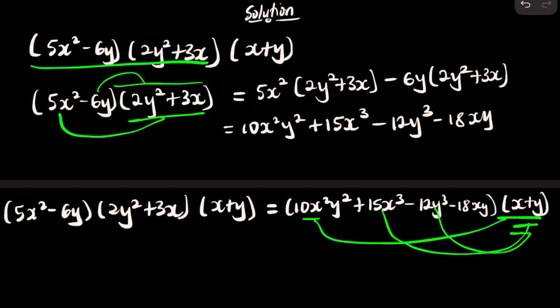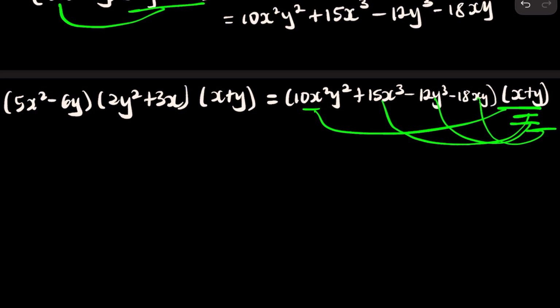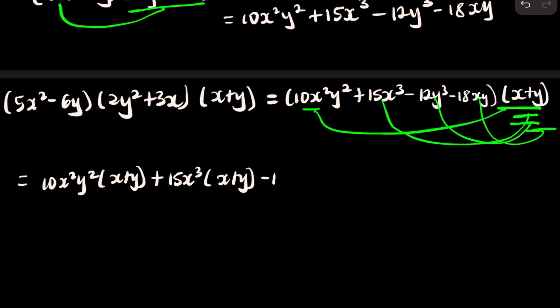Also, this will also multiply this. And this will also multiply that, right? Thus, we have 10x squared y squared multiplying x plus y, then plus 15x cubed multiplying x plus y, and minus 12y cubed multiplying x plus y, and minus 18xy multiplying x plus y.